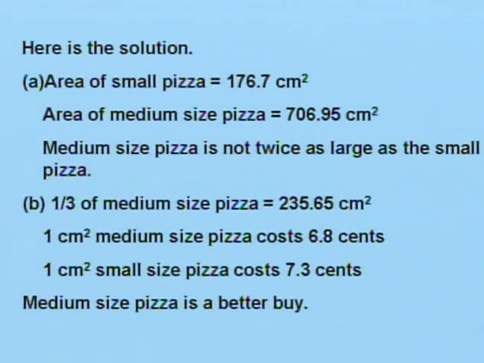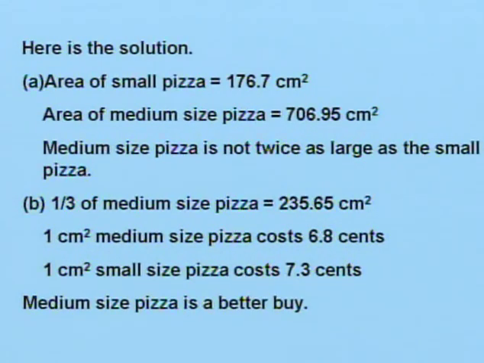The medium-sized pizza is not twice as large as the small pizza, because if we compare the two areas, we will discover that one is larger than the other. So we answer the first part of the question, and we have done our calculation to show that one is bigger than the other. Part B.